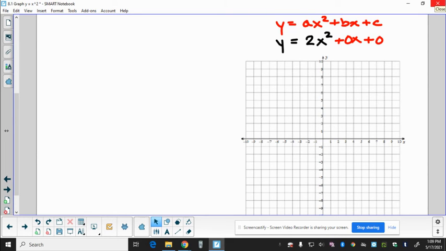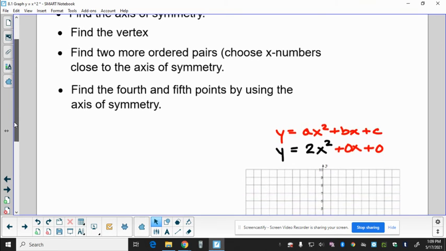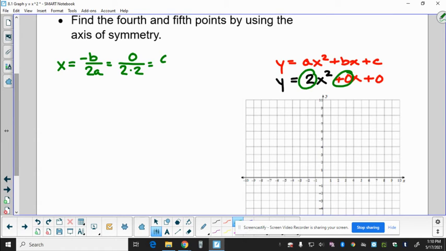Let's go ahead and go through our steps. All right, find the axis of symmetry. X equals negative b over 2a is the formula. Negative b, now b is 0 once again, so negative 0 is the same thing as 0, times a is 2, so that's 0 divided by 4, or 0.